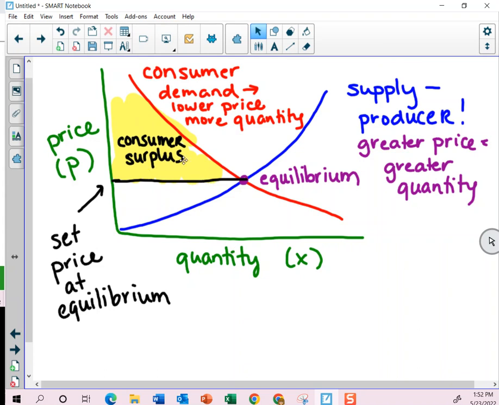Okay, now, here's what consumer surplus is about. Let's say you go to the store, and in your mind you're like, I want to get jeans. I know what jeans I want, and they're $50. And you're like, okay, I'm willing to spend $50 because I want these jeans and I really like them and they fit me well.